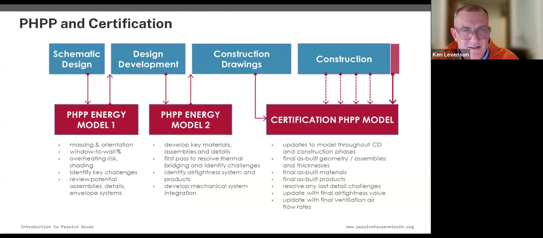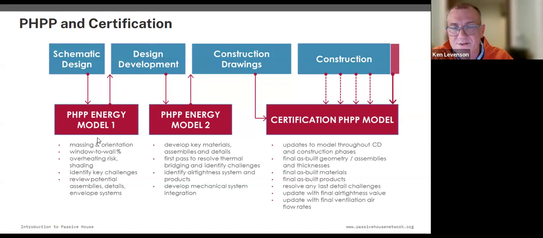Here's the PHPP. This is a lot to go back and forth on. But the point here is that the PHPP, the energy model, you're using it as a design tool. You do not want to design for a month and then send it over to somebody who runs the model and tells us whether we're okay or not. As you're doing design iterations, you hopefully have somebody in-house, or you're working closely with a consultant who can run the iterations as you're going through, and you can run different scenarios in the model to see what effect things had.